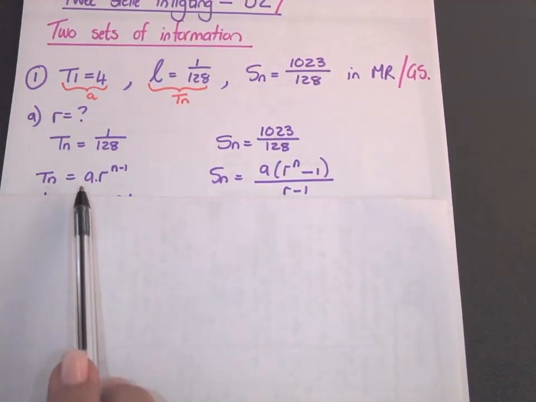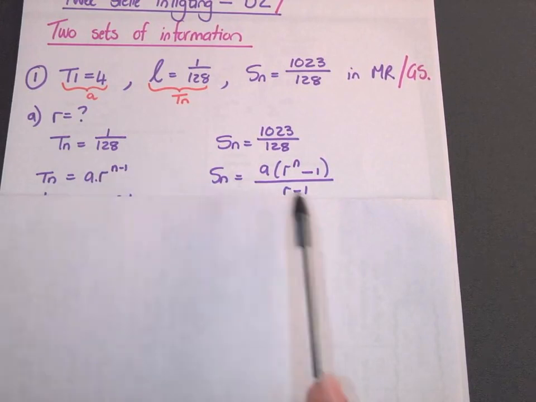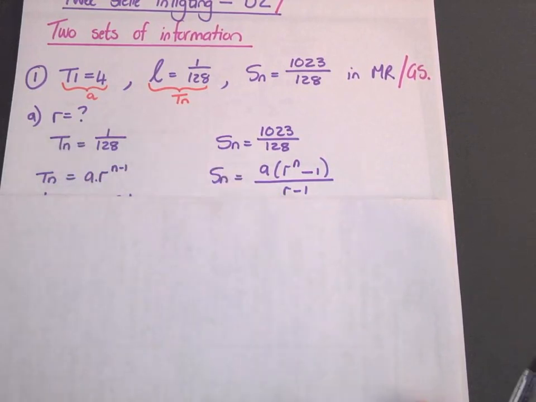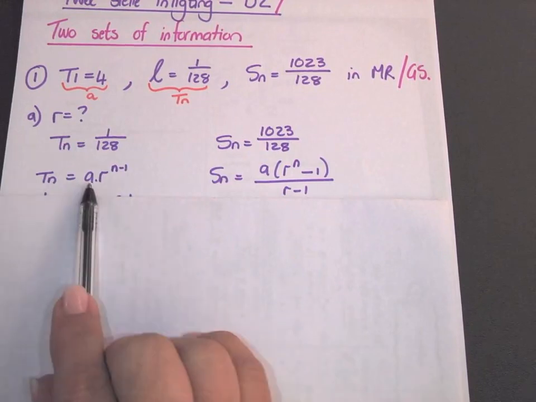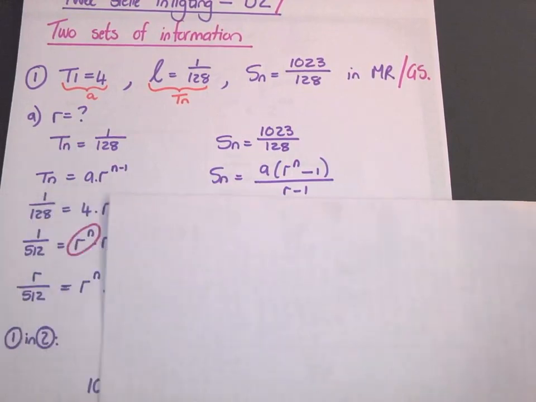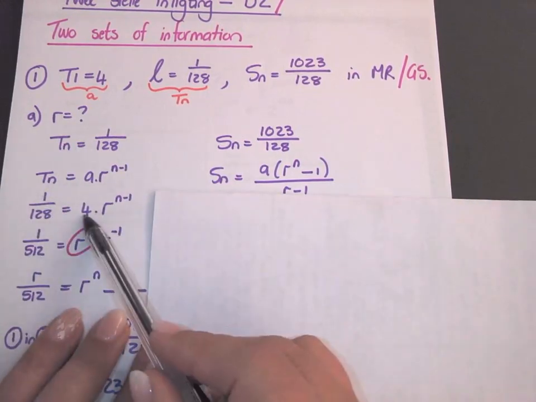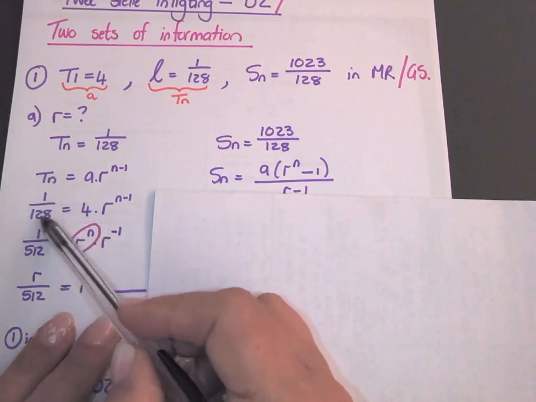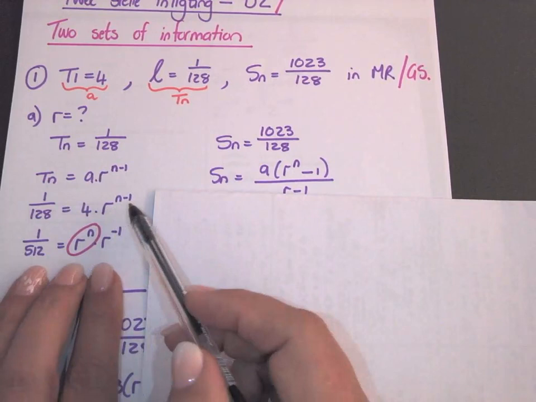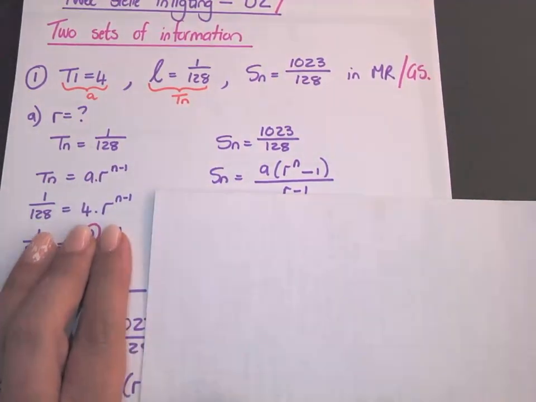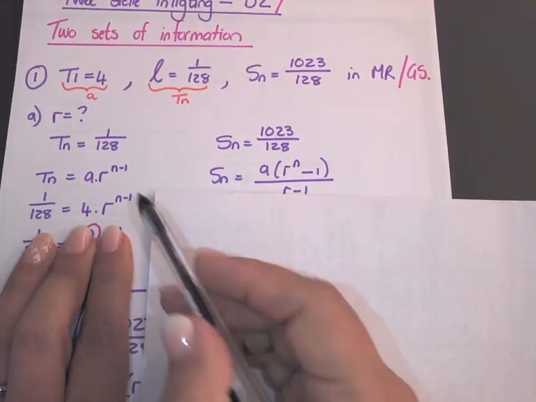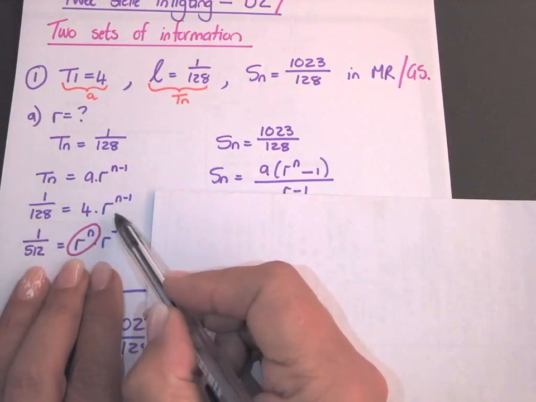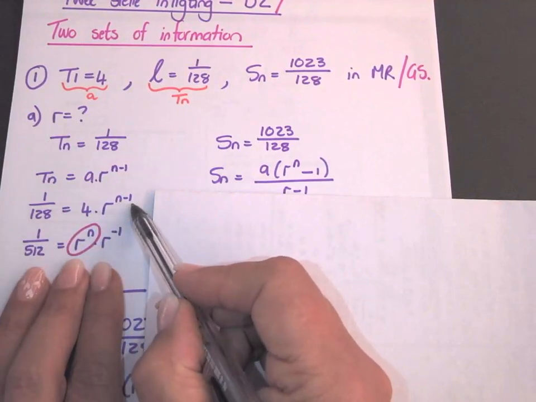Alright, so we start with the general formulas for those two, Sn and Tn. I know what A is, so I substitute the A. I also know what Tn is, the value. And then, when you get there, you see that you can split this R: R to the power of n times R to the power of negative 1.